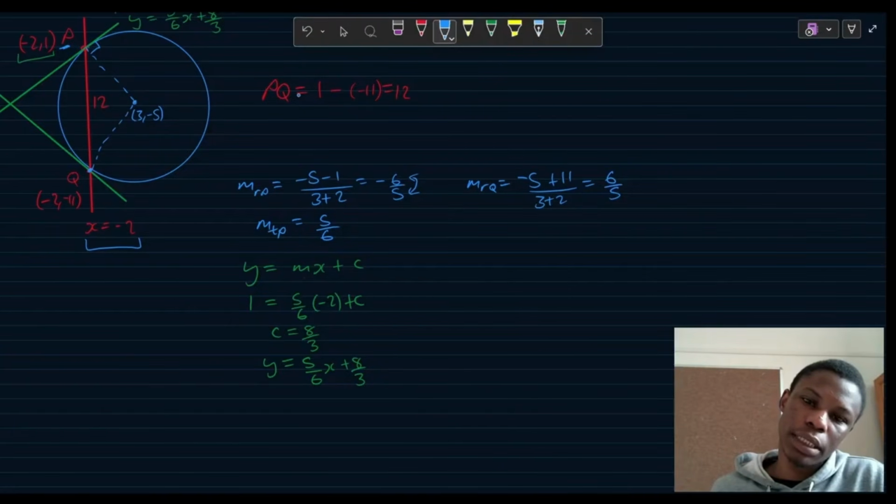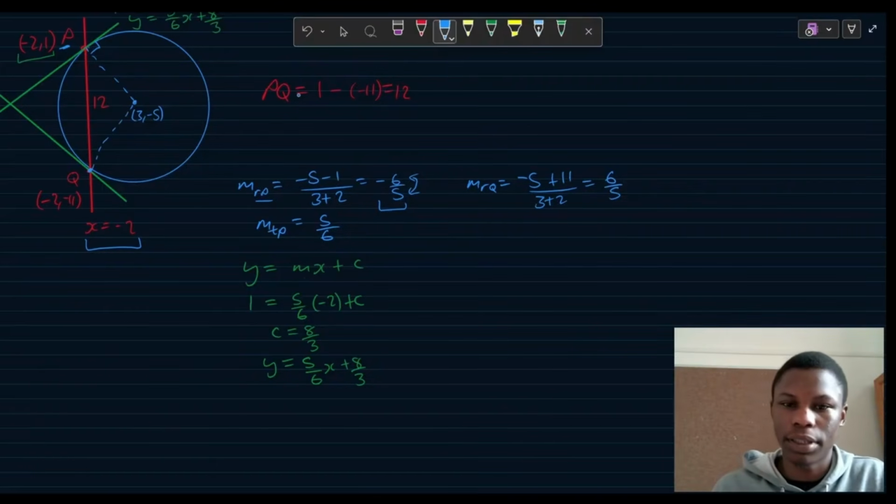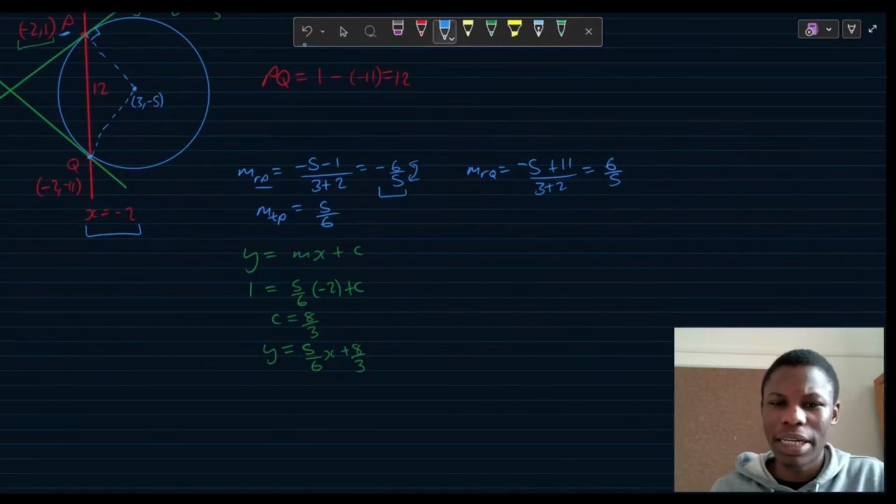It's the same gradient as for P, except that for P it's negative. It's like the negative version. Okay, that's fine. So it means that the gradient of the tangent at Q is equal to, flip this and change the sign, so that becomes negative 5 over 6.